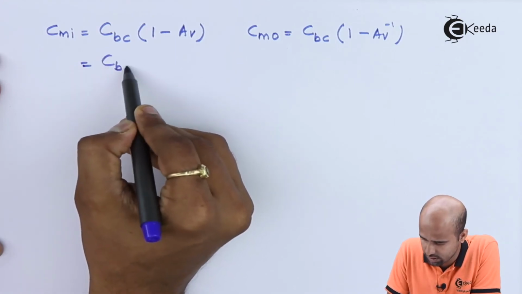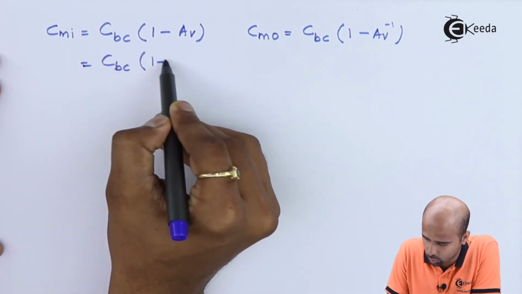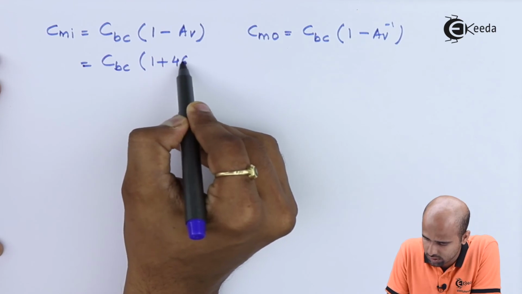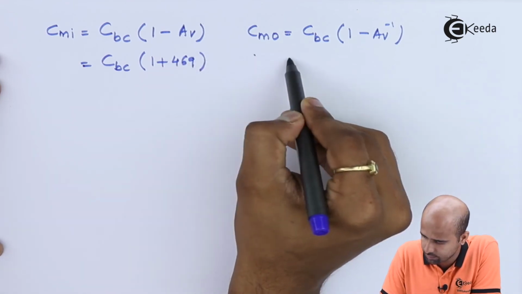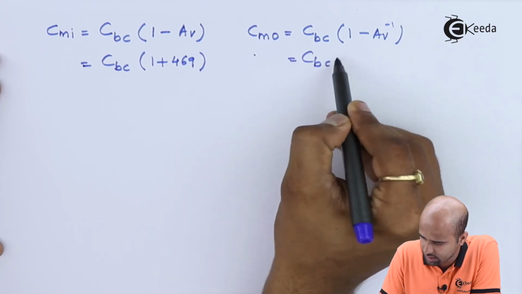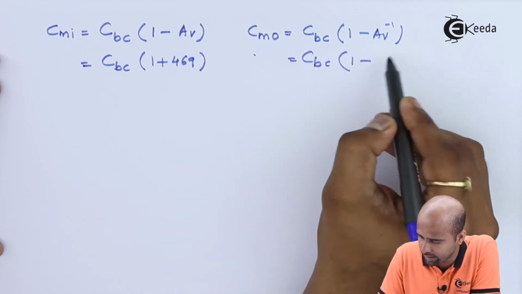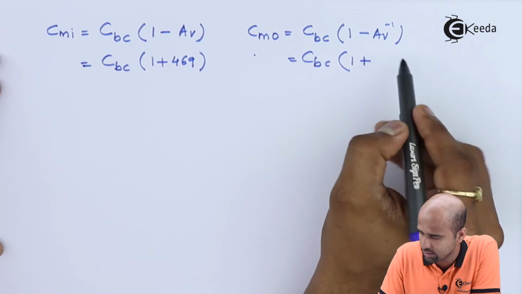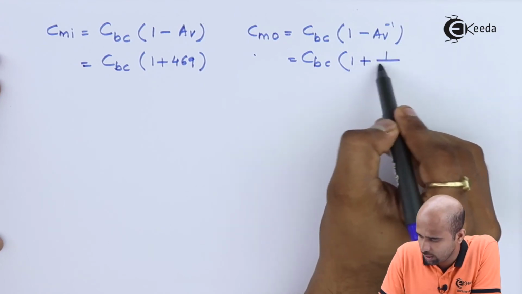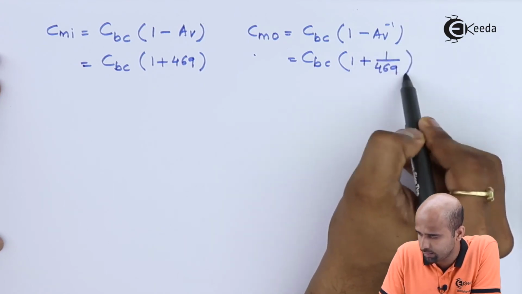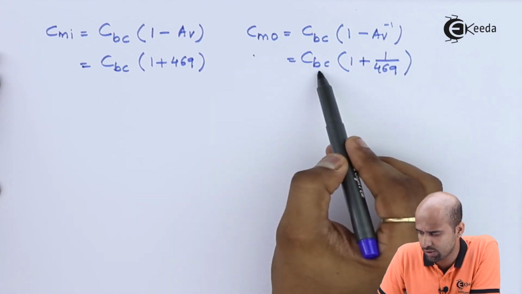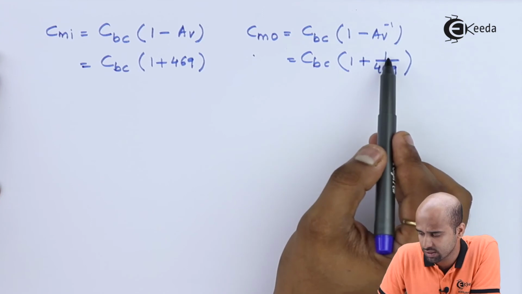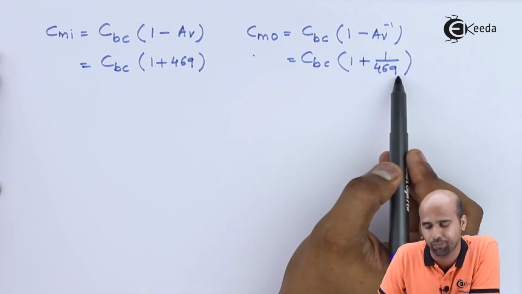So CBC multiplied by 1 plus 469, and here CBC multiplied by 1 plus 1 upon 469, and here we will be getting CMO is equal to CBC 1 plus 1 upon 469.